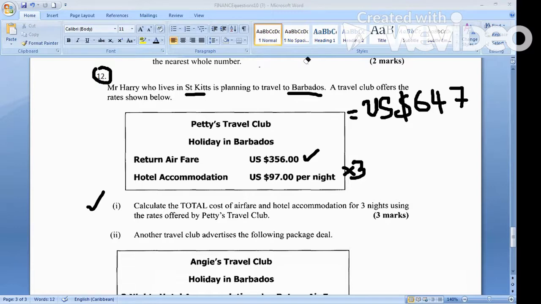I thought it said return airfare 356 and hotel accommodation $97 per night, and then it said calculate the total cost of airfare and hotel accommodation for 3 nights. So you add the 356 with the $97, and then you multiply by 3, and the final answer would be 1,359. Or am I wrong?